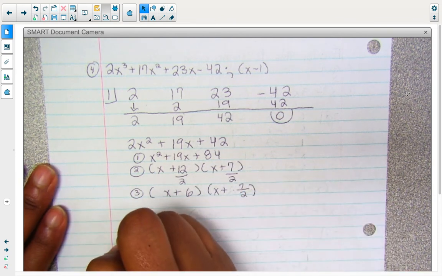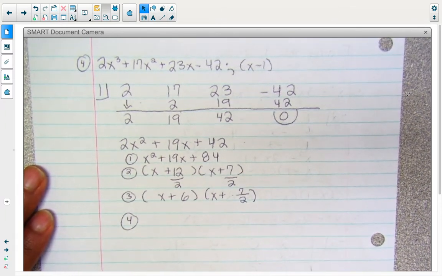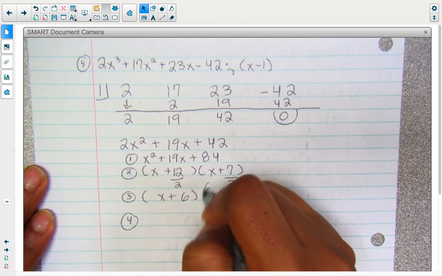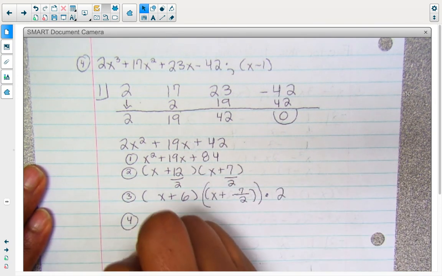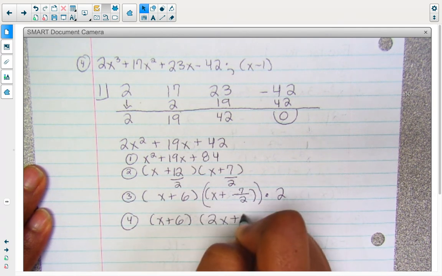And step 4, get rid of fractions. You can't have fractions to be simplified. So I need to multiply this whole thing by 2. So my final answer is x plus 6, 2x plus 7.